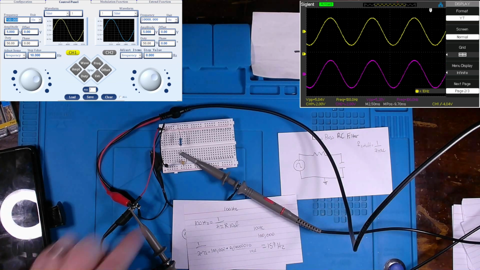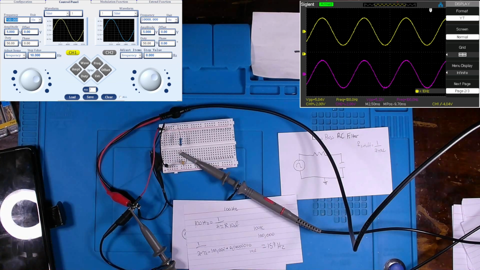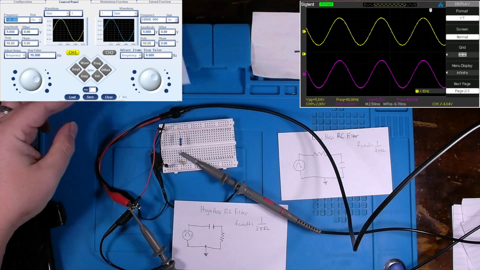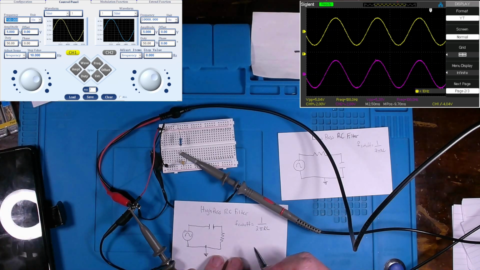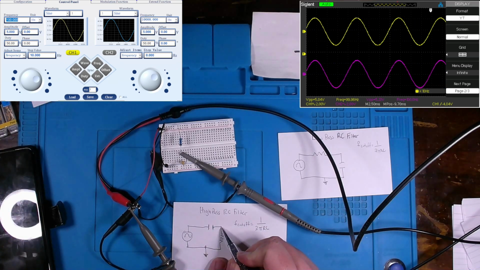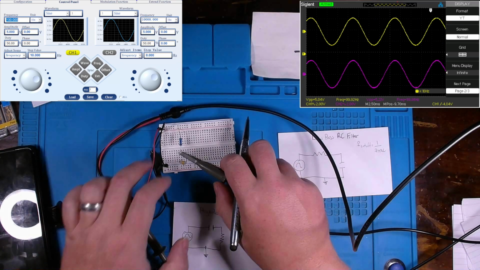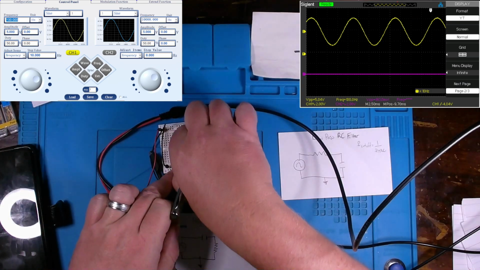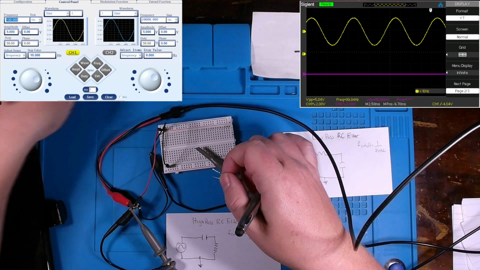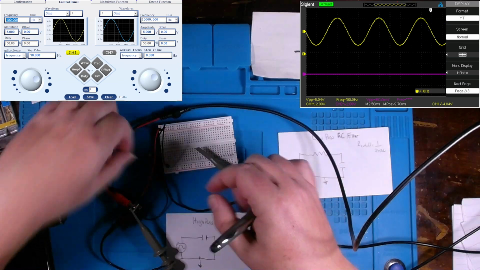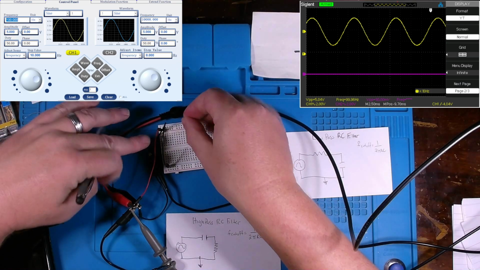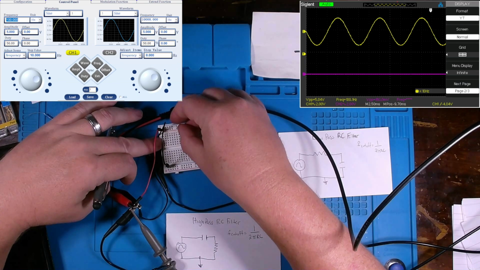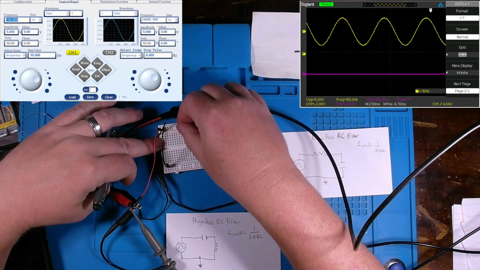So all we've got to do is swap our capacitor and our resistor around in the circuit. Here's where I'll measure, after the capacitor and then our resistor. So why don't we do that? I am going to pull out this resistor, pull out this capacitor, and move this capacitor up to the top, right here.